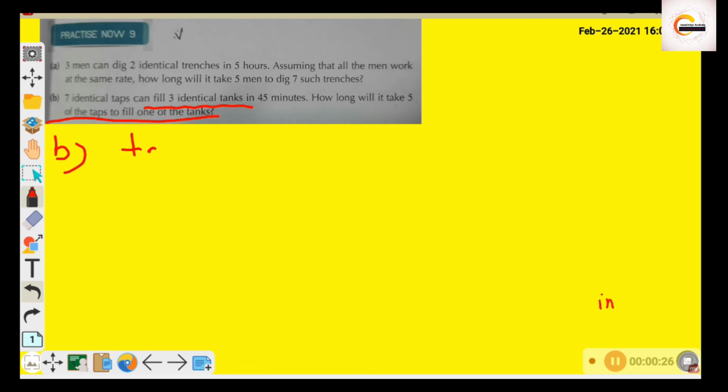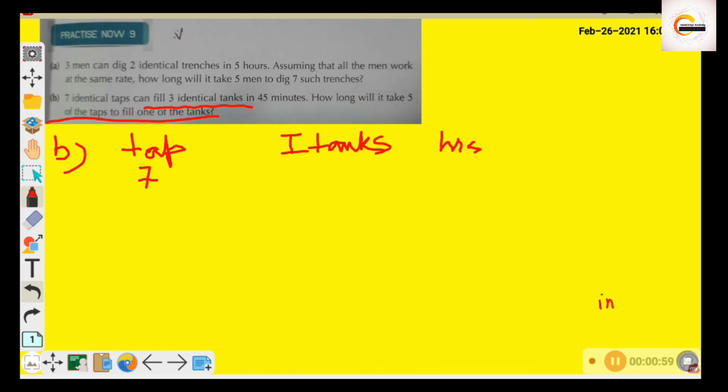One is tap, the other one is identical tanks, and the third one is hours. All right, so according to the question, let's make a data.